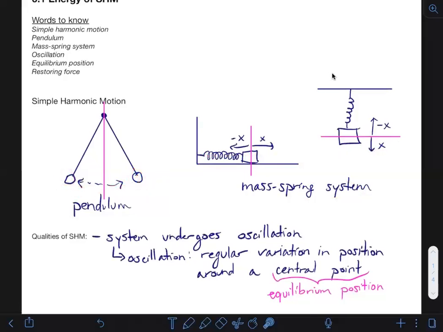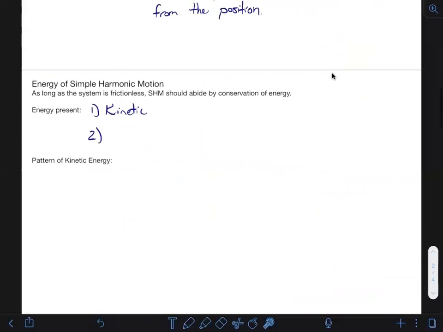Now, both gravitational energy and spring energy are categorized as potential energies. So we will say that during the oscillation of an object undergoing simple harmonic motion, we will see some combination of kinetic and potential energy in the system. Let me just add this note that potential could be gravitational or spring.